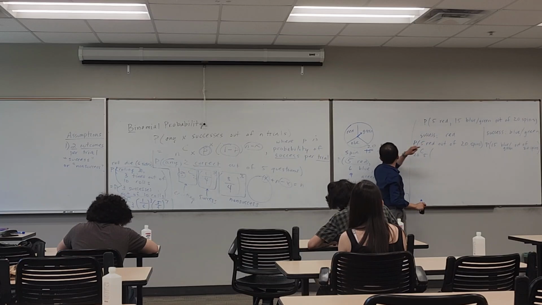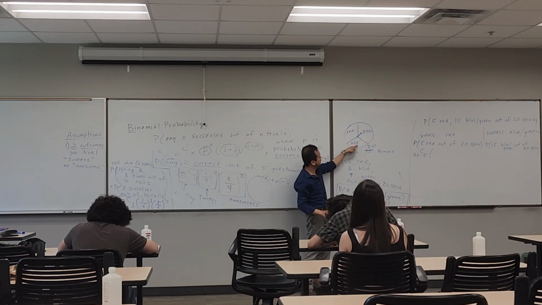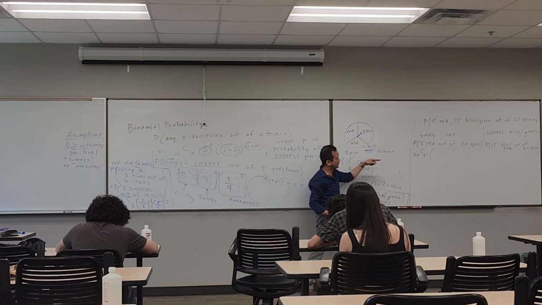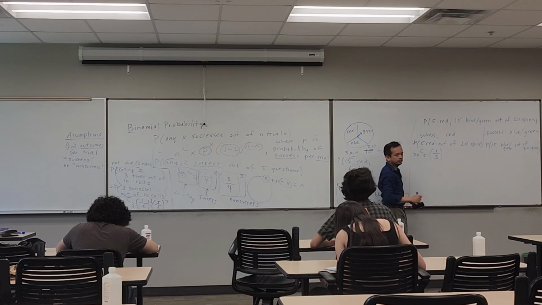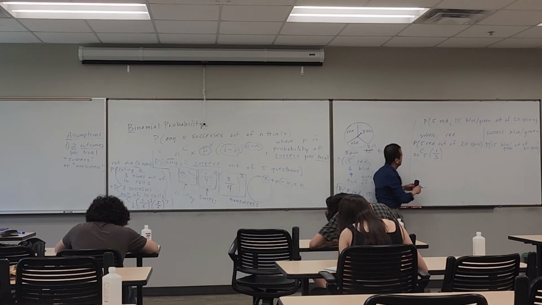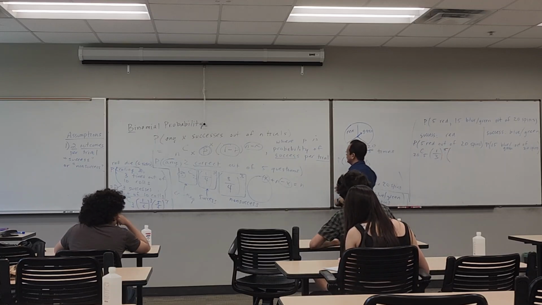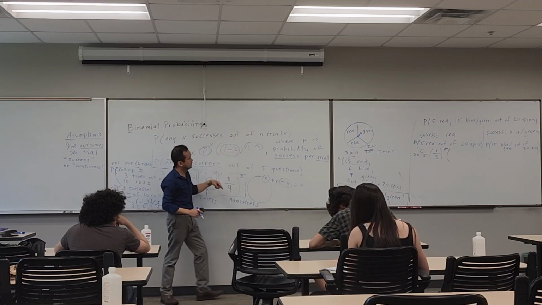This spinner has equal areas and red is one of them, so the probability of red is 1/3, raised to 5, times the probability of non-success, or not red.